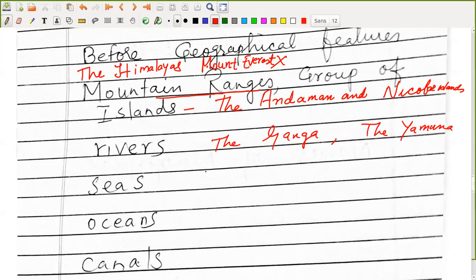Before names of seas, give examples. The Mediterranean Sea, the Red Sea. Then before names of oceans. The Indian Ocean, the Pacific Ocean.